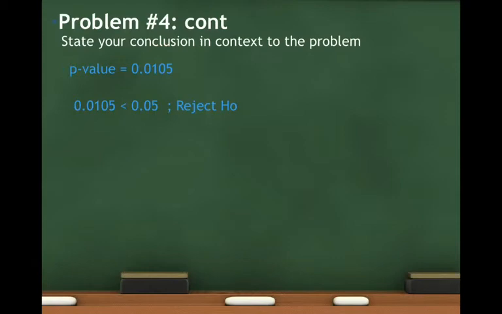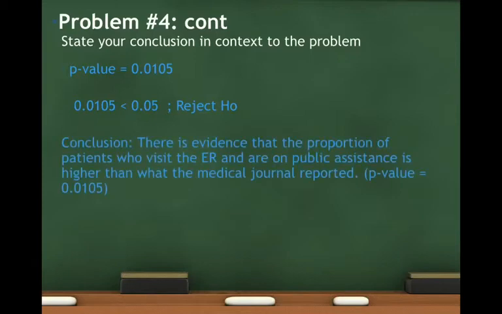What is that telling us for our conclusion in the context of the problem? Well, what we could say is there is evidence that the proportion of patients who visit the ER that are on public assistance is actually higher than what the journal has reported, and we have a p-value of 0.0105 to show for that.